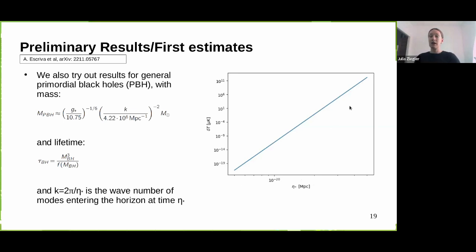And we see here about the same behavior as in the plot before, because the main temperature deviations come from the effect of the mass of the particles.